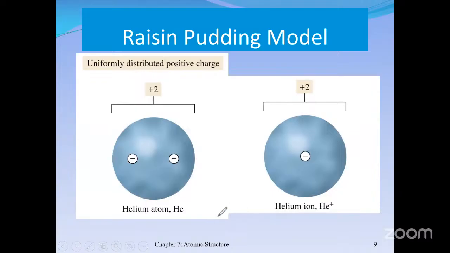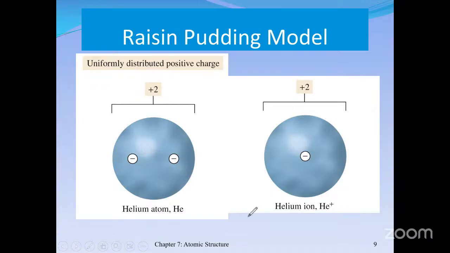So just to give you a pictorial representation of the helium atom, according to J.J. Thomson, this is basically what he was suggesting. You have the large positive sphere, which has a total of 2 plus charges, and the electrons each will have a negative charge, and this is how they're distributed evenly within that large positive sphere.